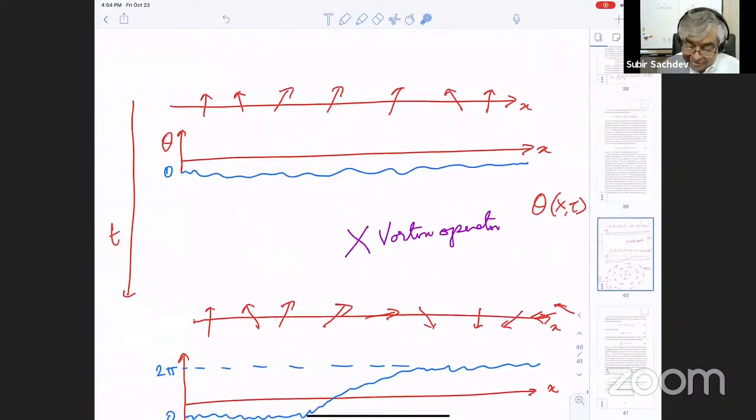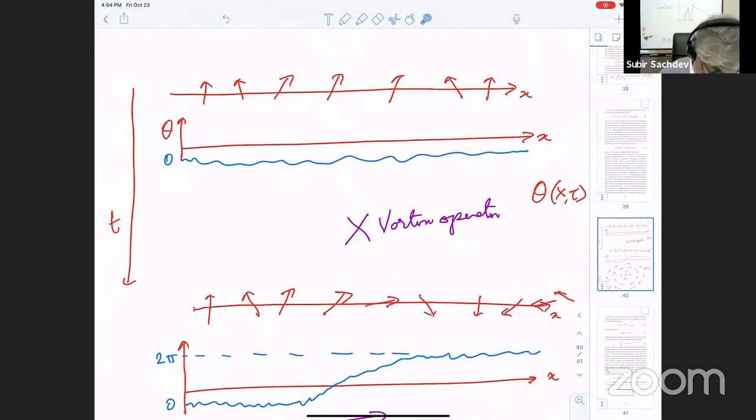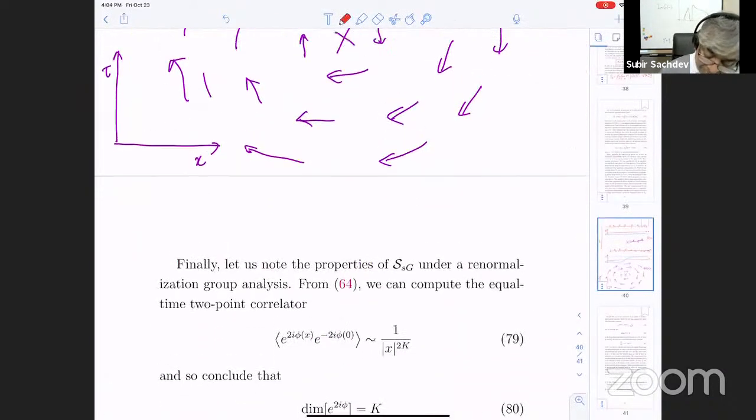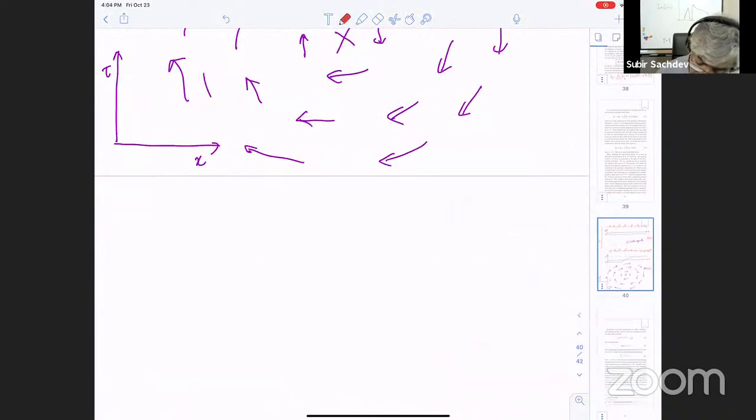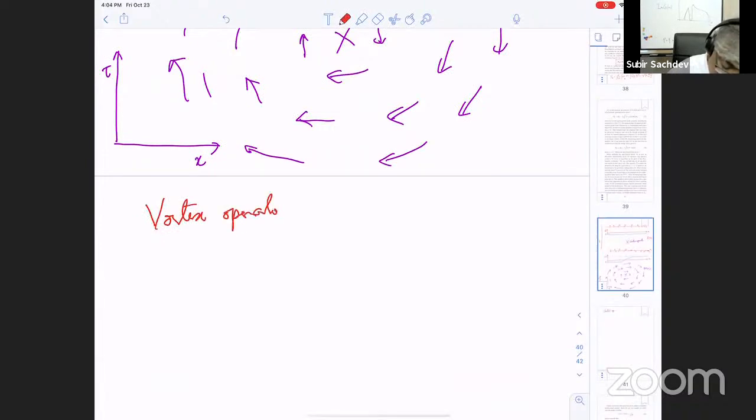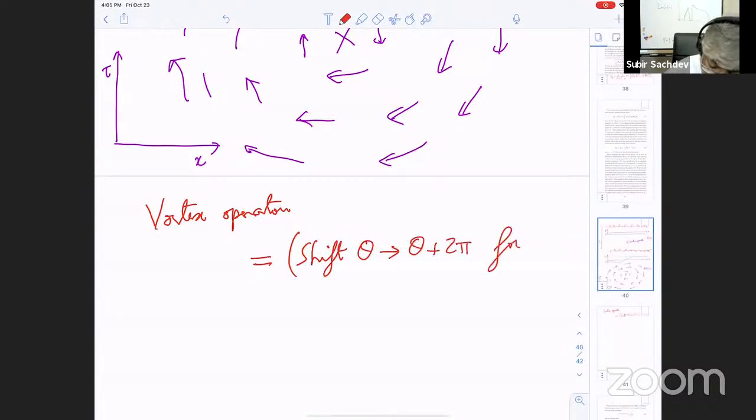Okay, so now we know what a vortex is. A vortex is some operator. So I can just write down a vortex operator. It's equal to an operator which shifts the value of theta by 2 pi for all y less than x.